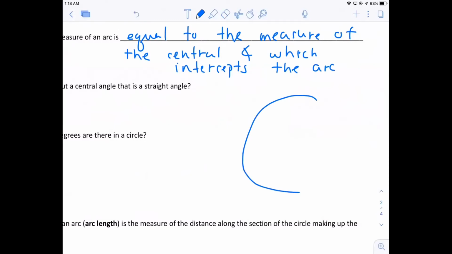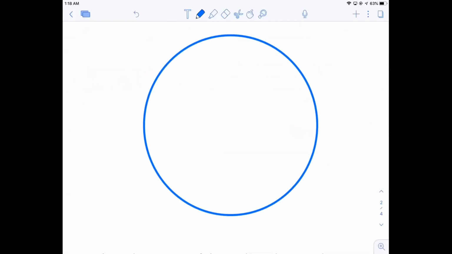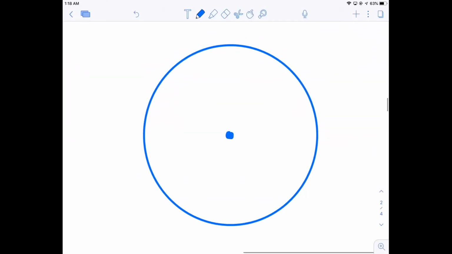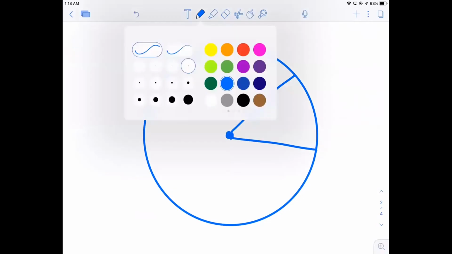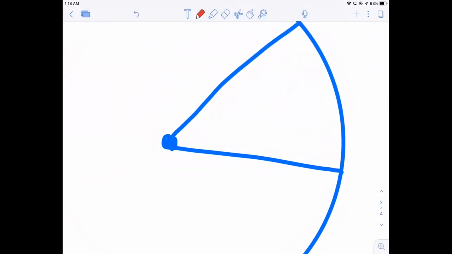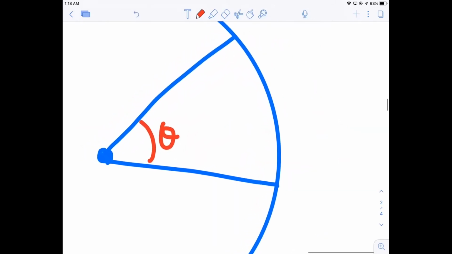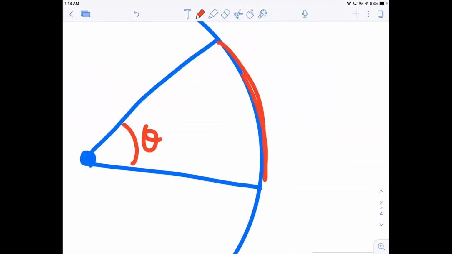So if you have a circle, this needs to be the center of the circle. If this angle here is theta degrees, then that arc here is also a measure of theta degrees.